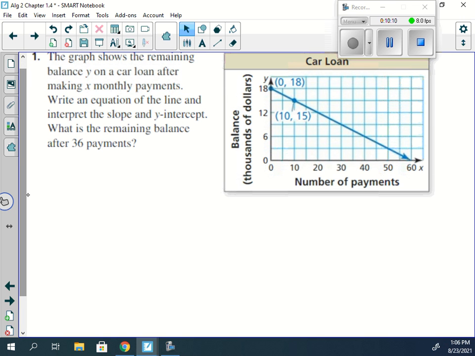Do we know what the y-intercept is, the value of b? It'd be 18, because the y-intercept is any spot where the x value is 0. Did they tell us what m is?